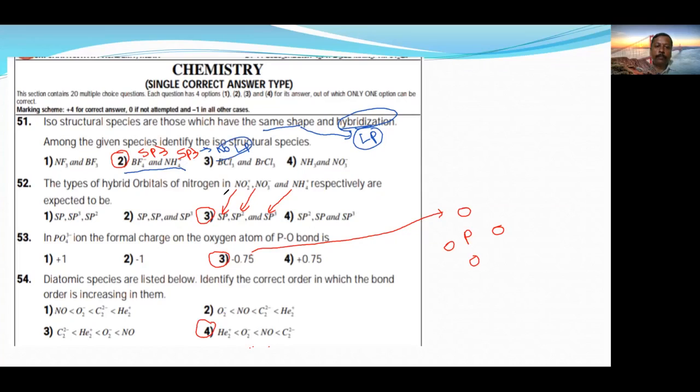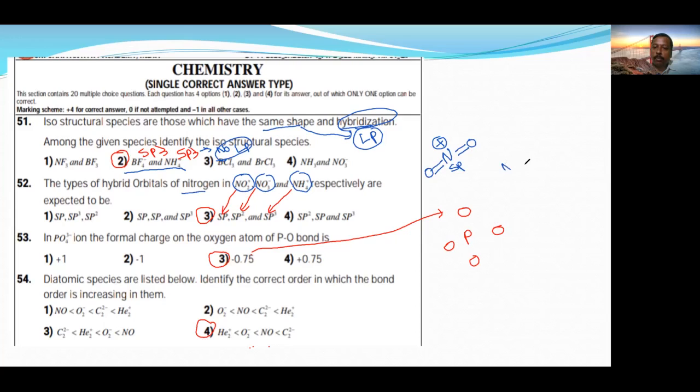Second, type of hybrid orbitals of nitrogen, that is hybridization of NO2 plus, NO3 minus and NH4 plus. In NO2 plus, if you give the positive charge to the nitrogen, it is as good as a carbon, so it will be linear shape, therefore hybridization will be sp.